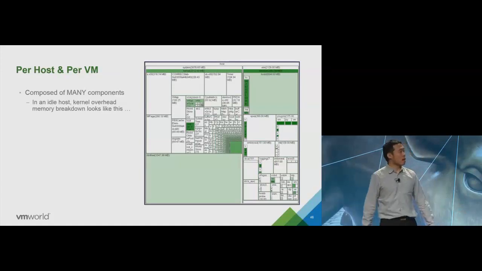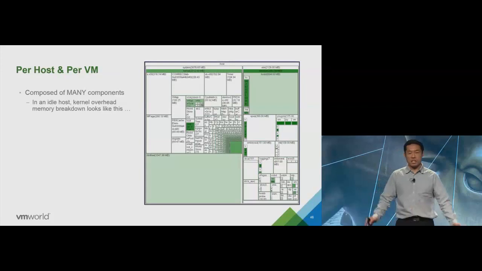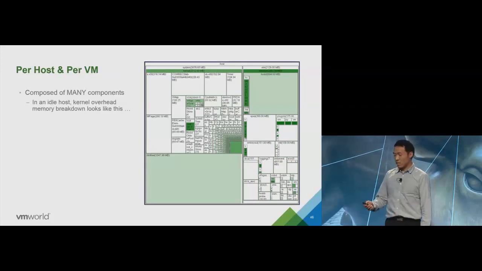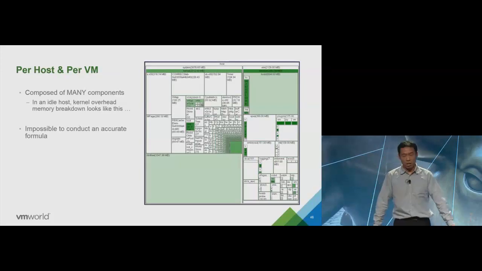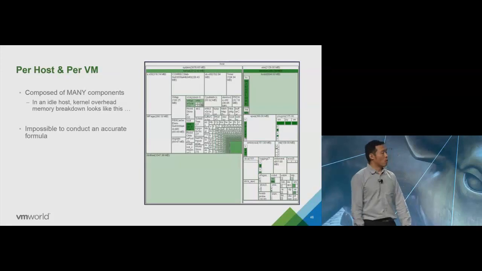Some components are static overheads, so they never change. Given these complicated components, it's almost impossible to come up with a very accurate formula to tell what the memory overhead would be. Although I didn't show the figure, the same applies to the per VM overhead as well.